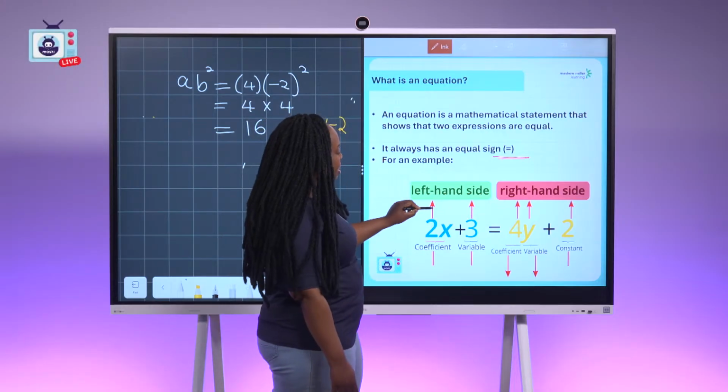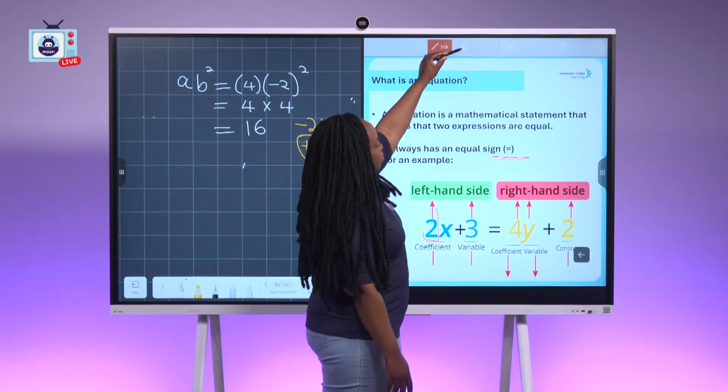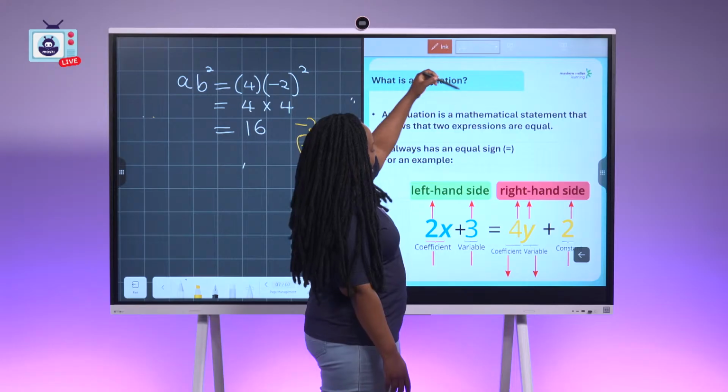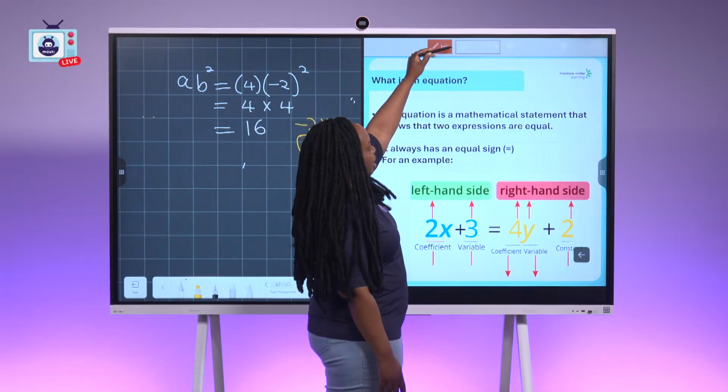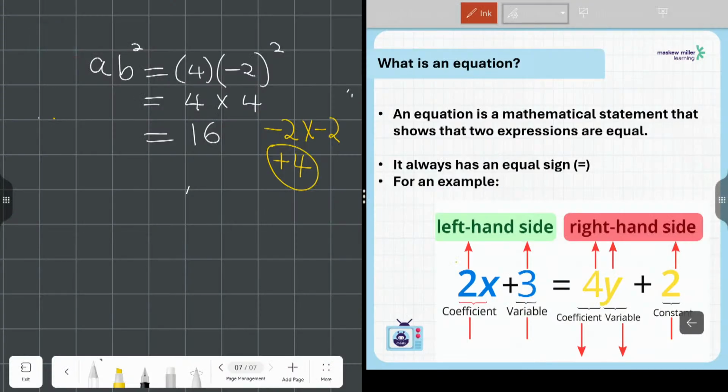And then a number that comes before a variable, we call that number a coefficient, right? A number that comes before a variable, we call it a coefficient. So in this case, that is our 2 and our 4. Those two are called coefficients.